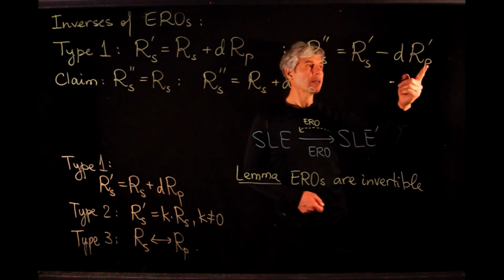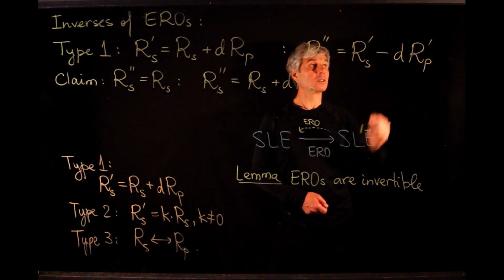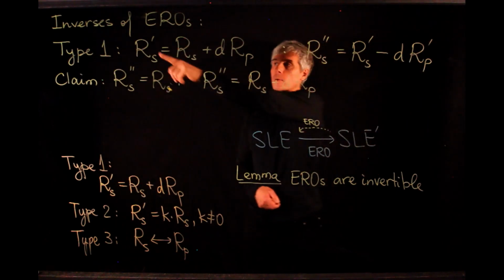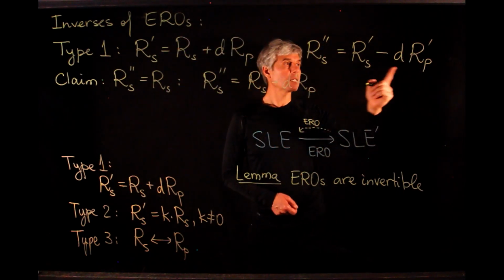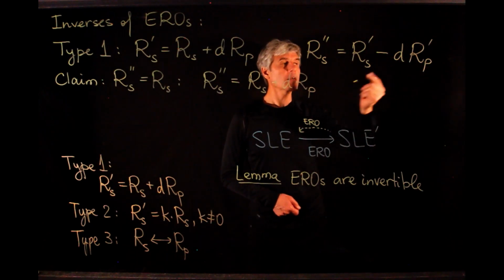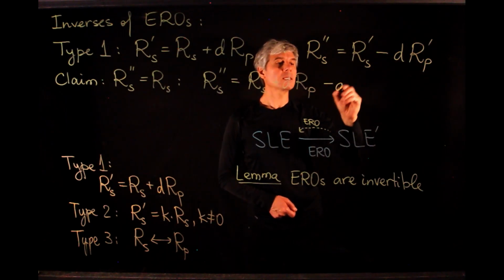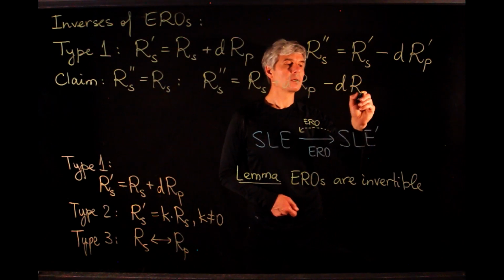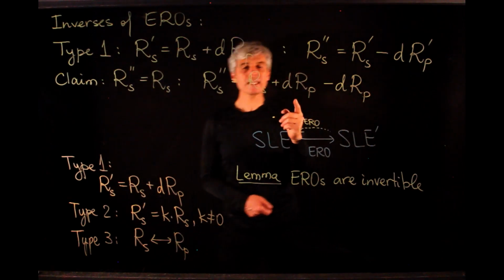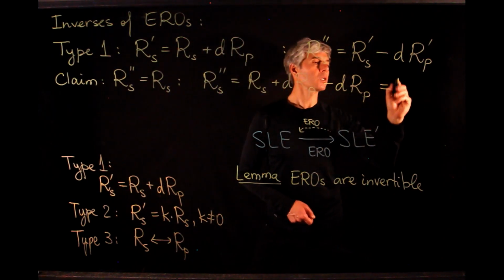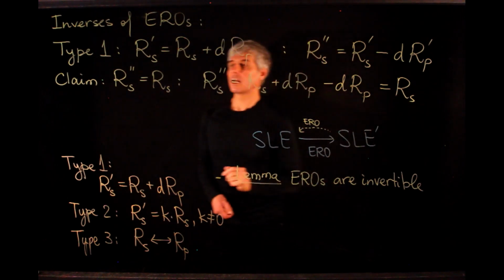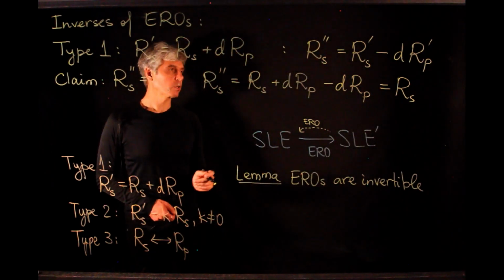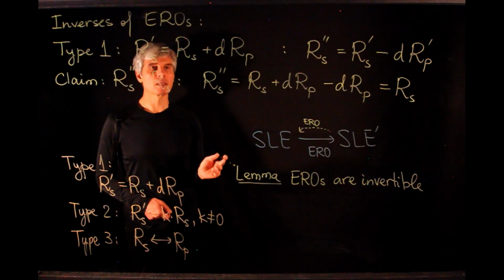Row P did not change in this step, so row P prime is the same as row P. So here we have d minus d times row P, and these two will cancel, and what we get is just row S. And all other rows are not changed here, so they are the same.